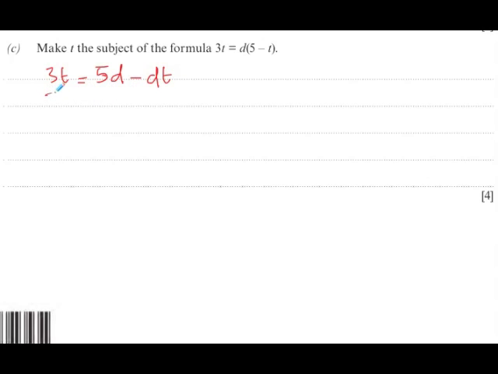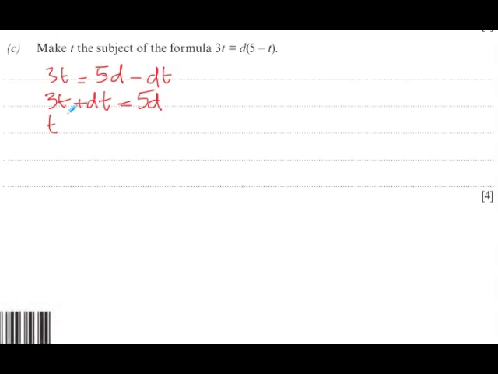So we got 3t, and we want to add dt to both sides, so we get plus dt equals, dt minus dt is nothing, so we're left with just 5d. Okay, so let's take t out of the equation here.